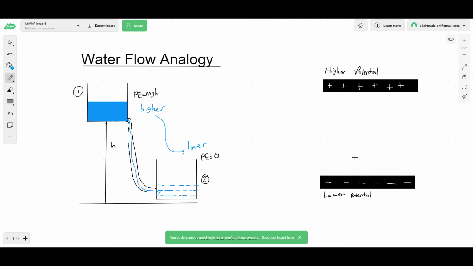Now again, if we stared at this, these 2 objects are separate, nothing is happening. Nothing will happen unless we connect these 2 objects with some sort of conductor. So this black line here is a conducting material, some sort of metal or anything that can conduct charge.